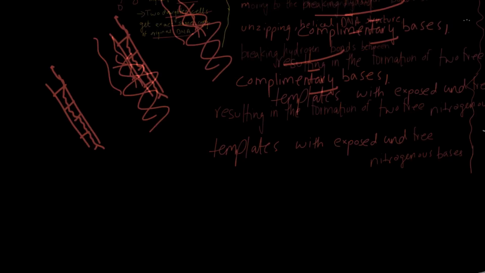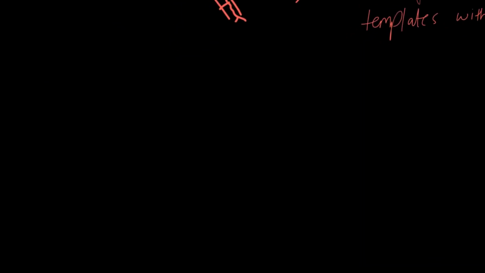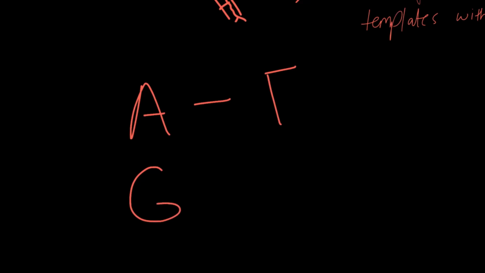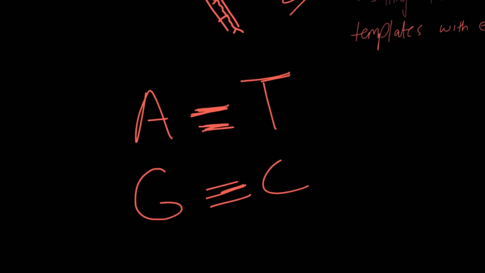What the complementary bases are, we'll study later on, but I'll just mention it right here: it's adenine and thymine, and guanine and cytosine. Between guanine and cytosine there are three hydrogen bonds, which these three lines signify, and between adenine and thymine there are just two hydrogen bonds, which these lines signify.